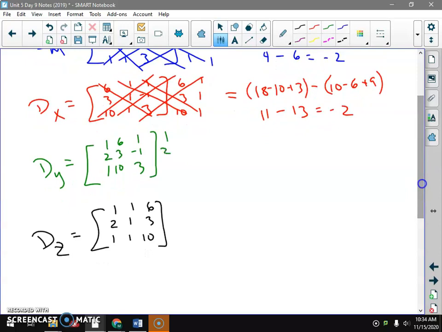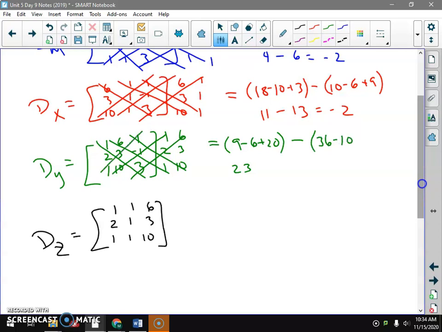Copy column 1. I didn't equally space my last one too well. Got a little jammed up on that. So let's see. 3 times 3 times 1 is 9. 6 times negative 1 times 1 is negative 6. 2 times 10 times 1 is 20. 29 minus 6 is 23, minus 6 times 2 is 12 times 3 is 36. 1 times negative 1 times 10 is negative 10. 1 times 3 times 1 is 3. 39 minus 10 is 29. 23 minus 29 is negative 6.